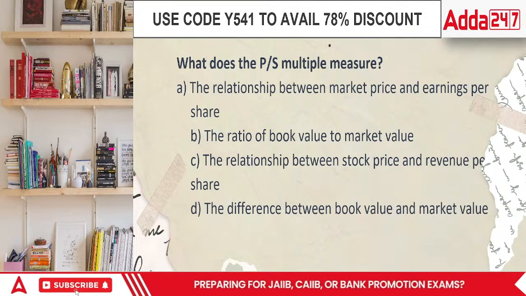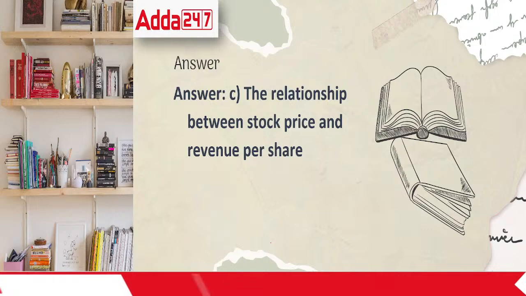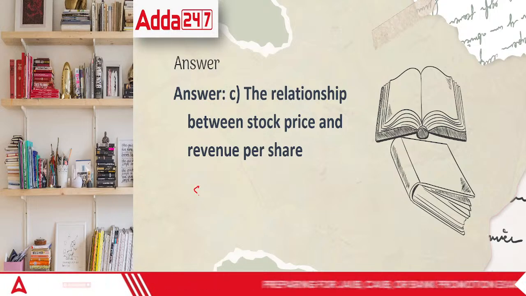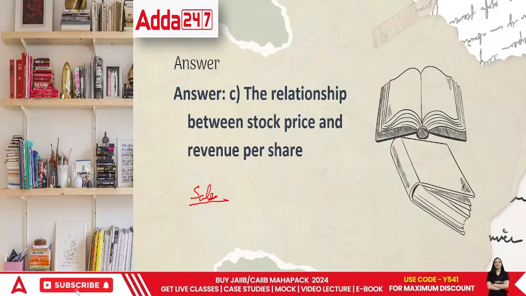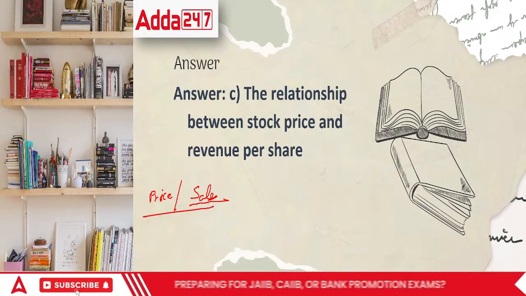So in this case, the answer has to be PS, price per share and sales per share. This S stands for sales. S is for sales. So price upon sales is the answer.